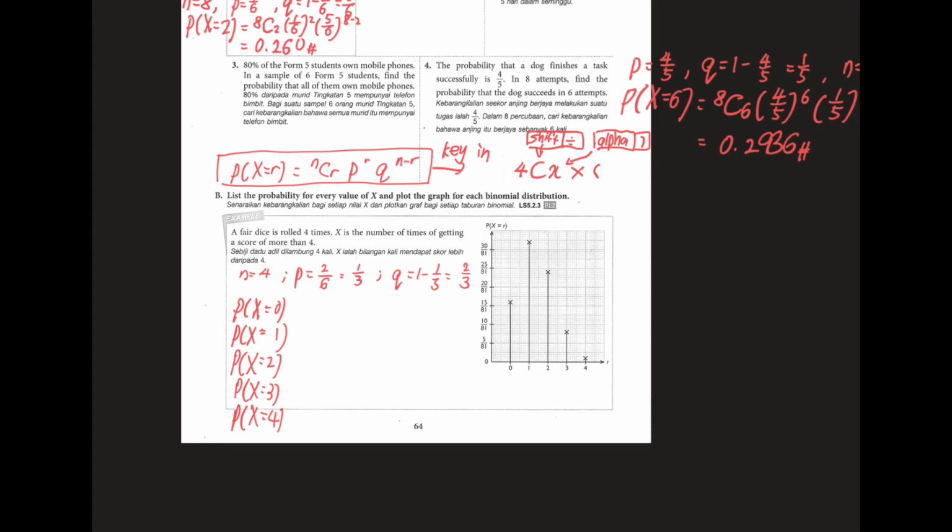So bracket 1 over 3. For my case, I have to use divide instead. For my calculator, 1 divided by 3.